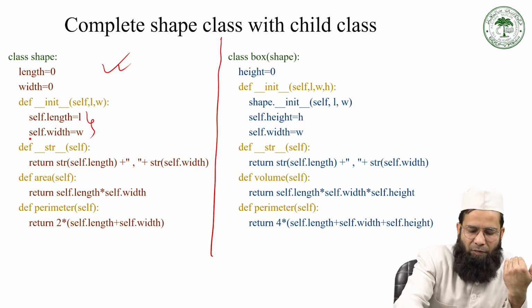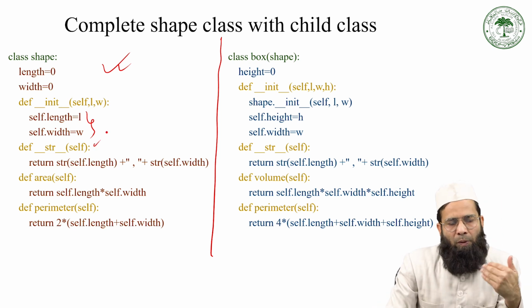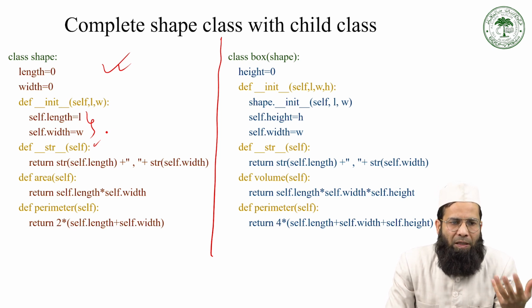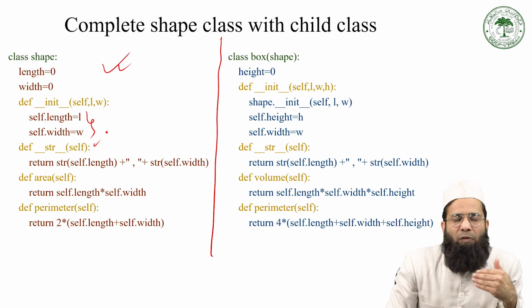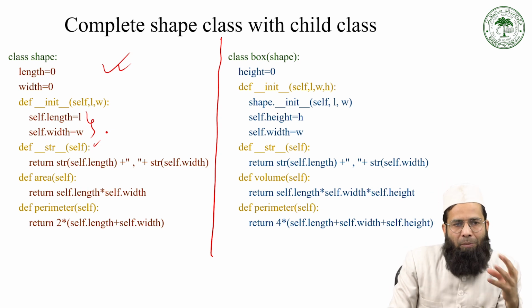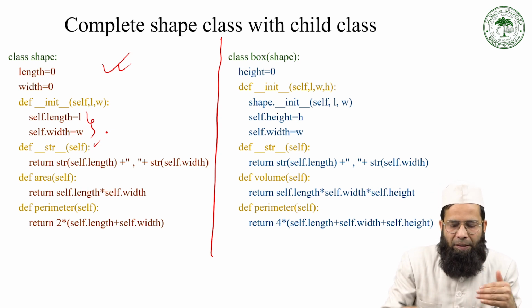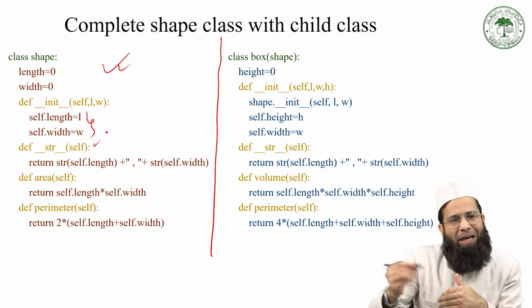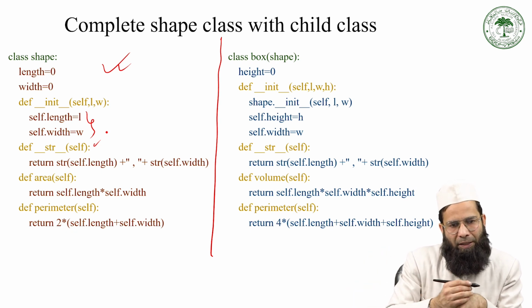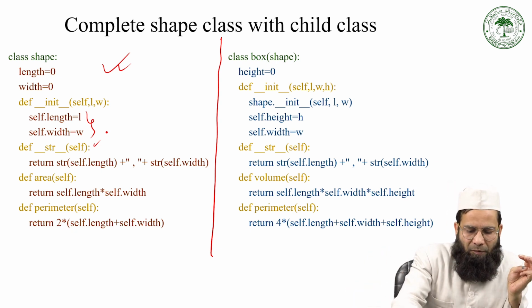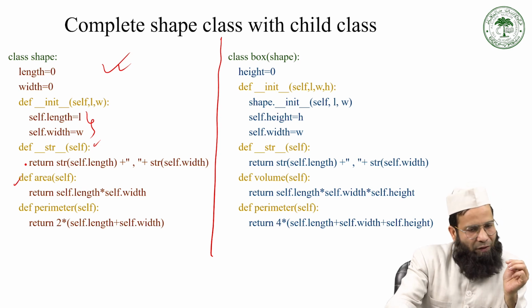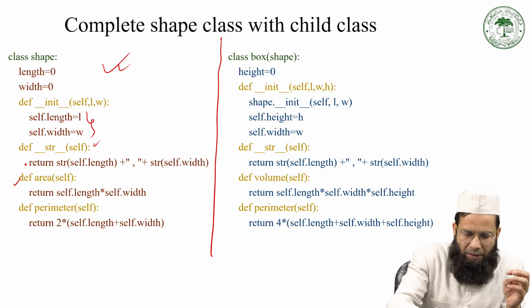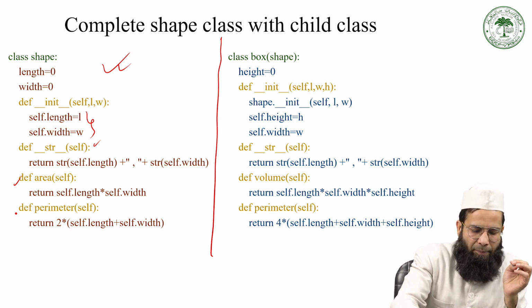The purpose of this particular function is to print an object of a particular class. Suppose you want to print an object and you want to print the data members of that object. In this way I can print data members. Otherwise a unique identifier would be printed. There is a function area that would return the area of this particular shape, and one more function, perimeter.